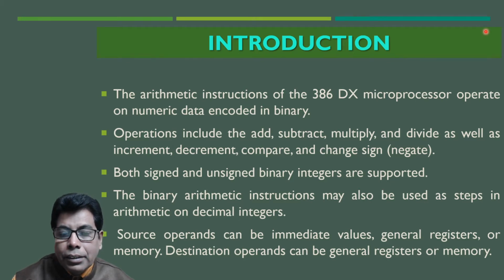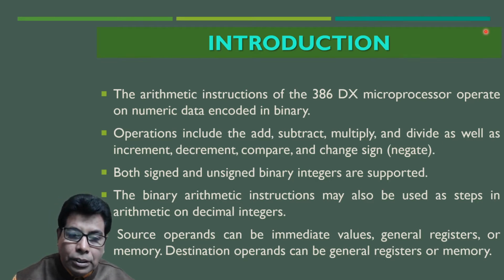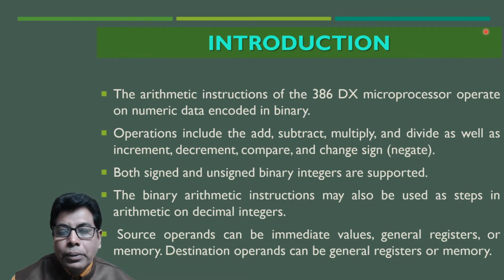General registers means any of the registers of the 80386 microprocessor. So we have the registers AL, AH, AX, then EAX. AL and AH are the 8-bit registers, AX is the 16-bit register, and EAX is the 32-bit register.